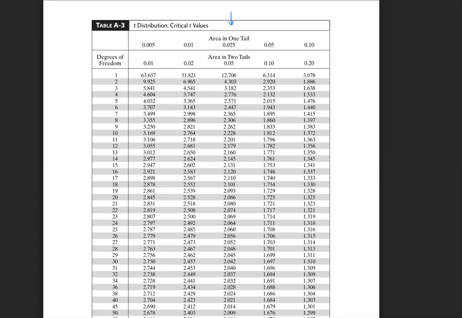Now the degrees of freedom this time is not 9, but rather 14. So if we look here, this is the 14, and if we keep going around this, we get 2.145, right? 2.145.